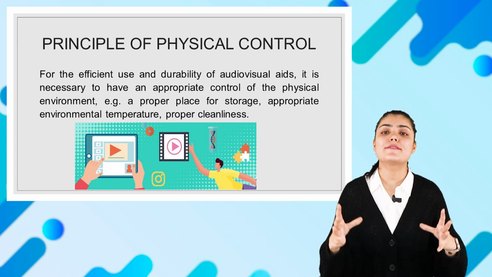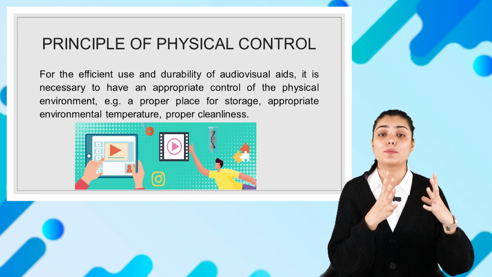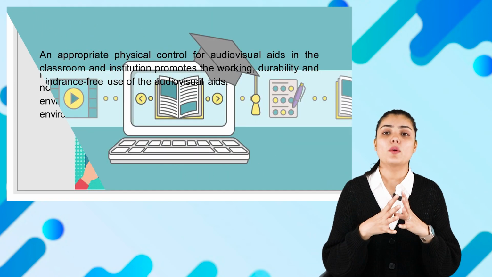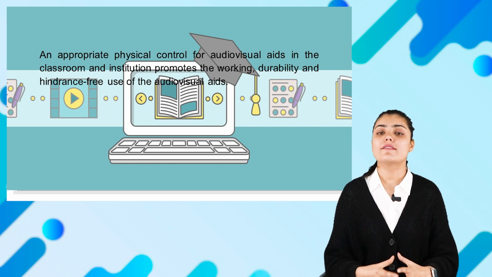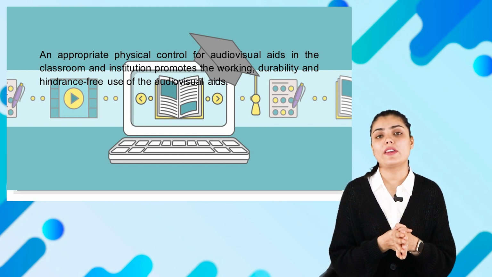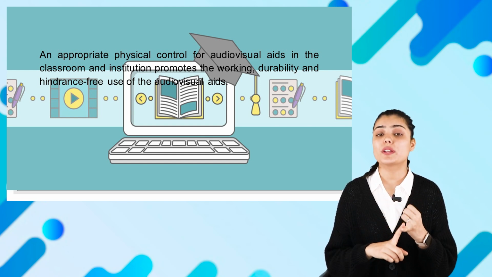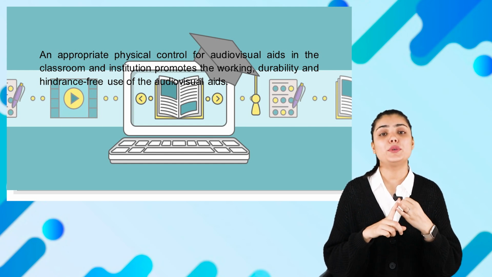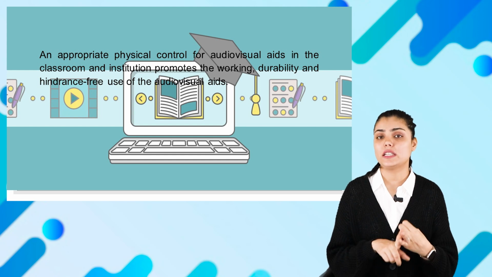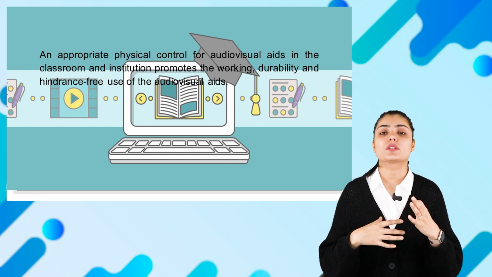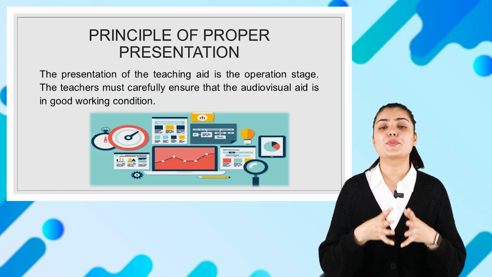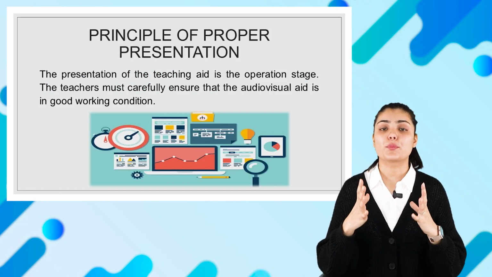Why is proper physical control required for the AV? Because this will promote the durability of the AV. It will also promote hassle-free use of the AV by the teachers, and it will also promote the functioning of the AV.